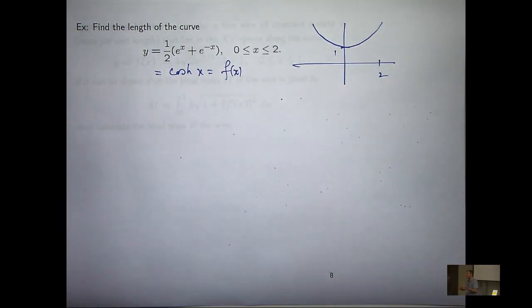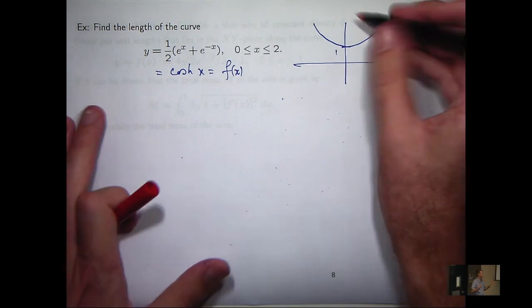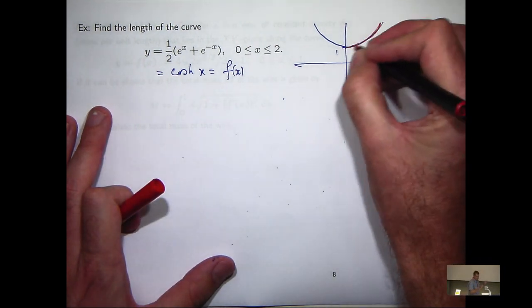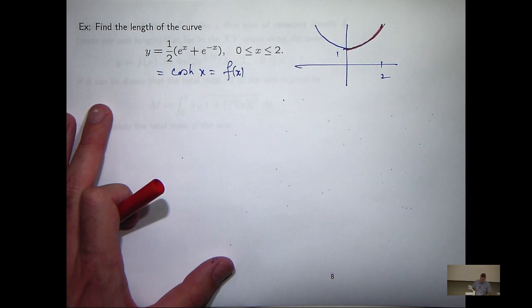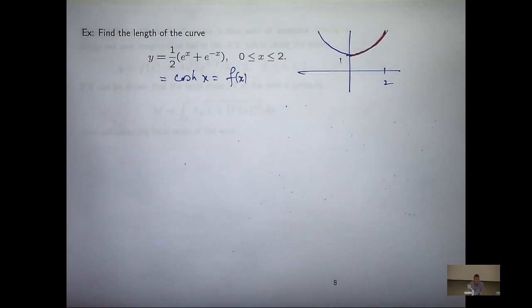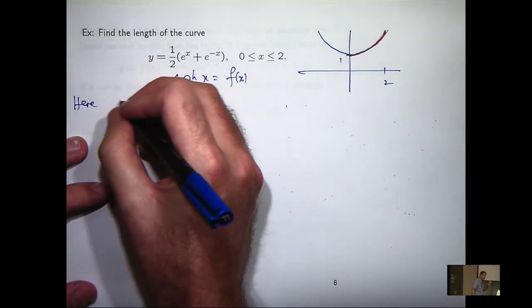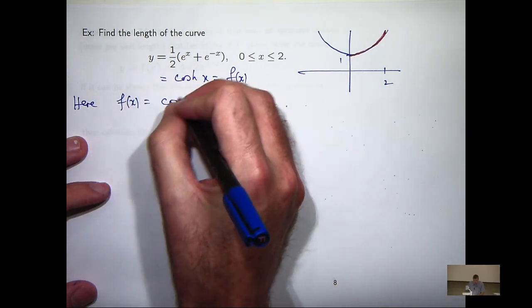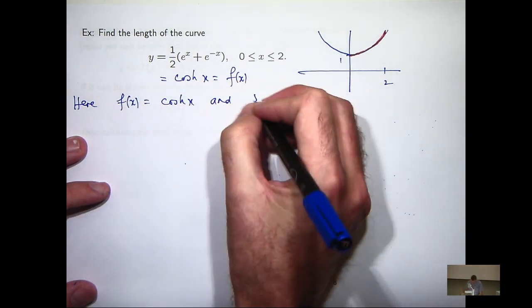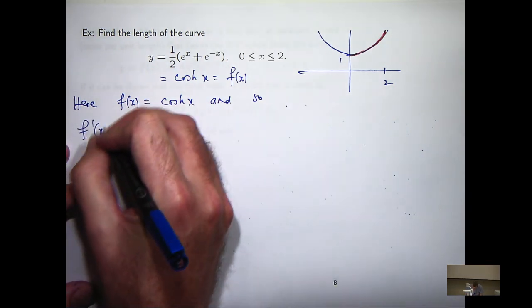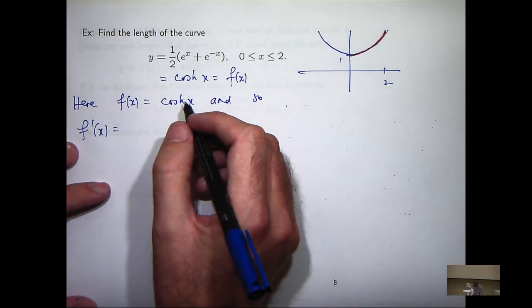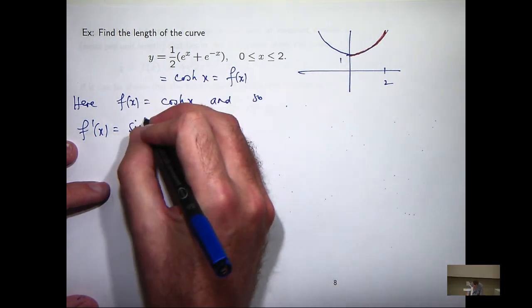So we're interested in calculating the length of this part of the curve. It's not difficult. Just need to calculate the derivative. So I differentiate cosh, what do I get? Sinh.